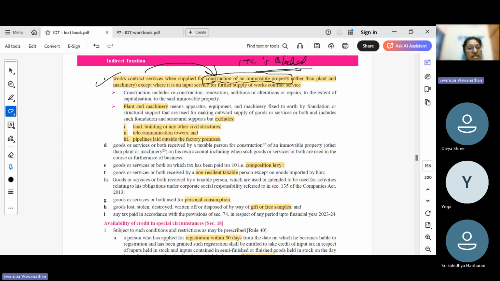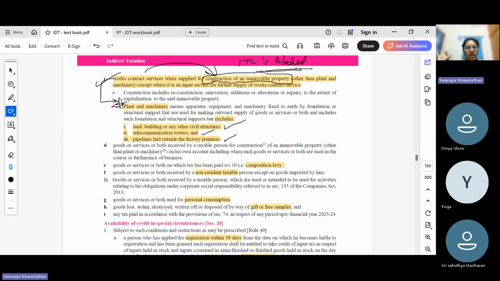Okay, ITC can be availed if the works contract is provided for construction of plant and machinery, excluding land, building, telecommunication, pipeline.